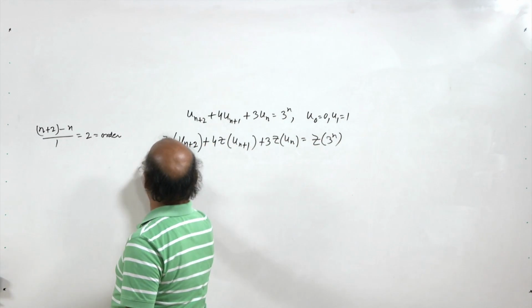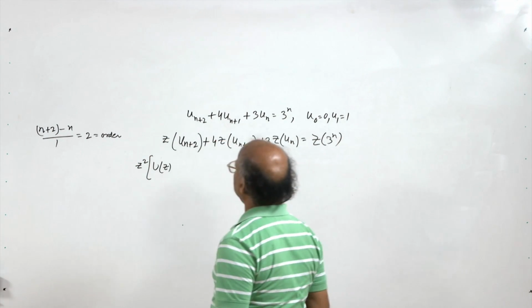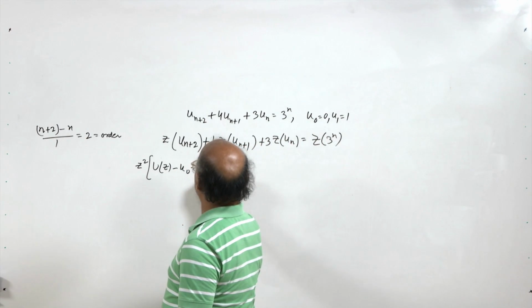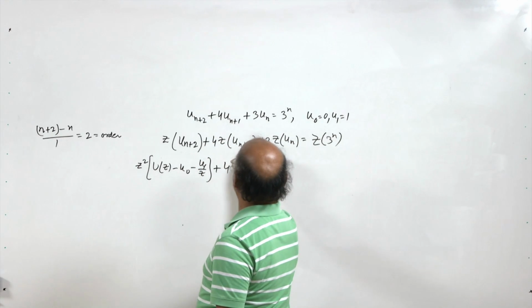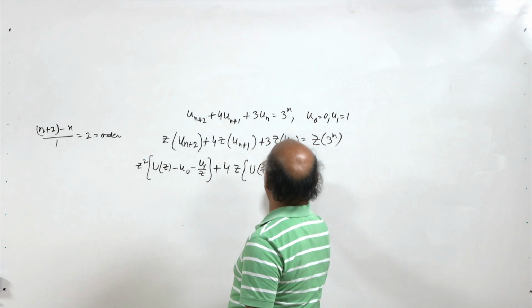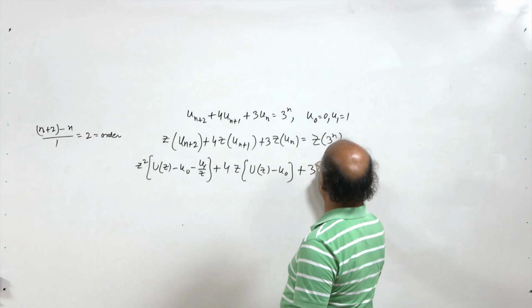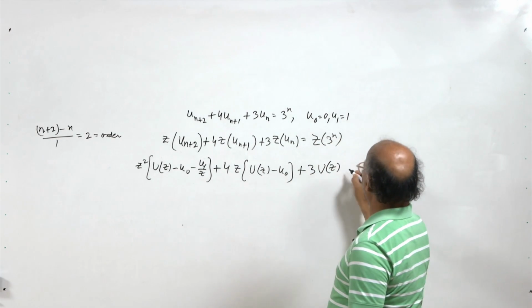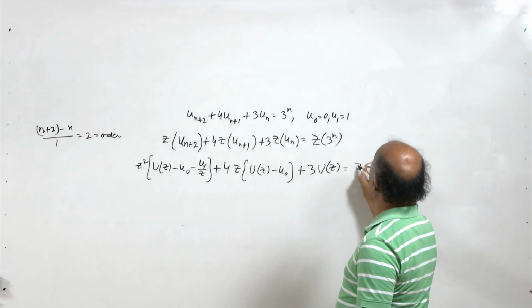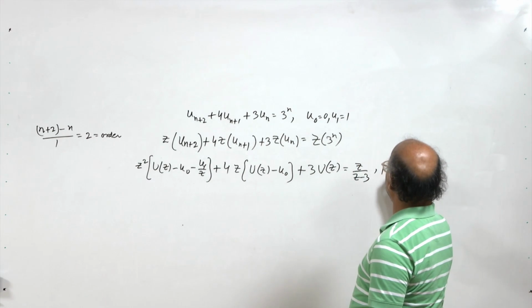So Z of un plus 2 will be z square Uz, where Uz is the Z transform of the un sequence, minus u naught minus u1 by z, plus 4 times Z of un plus 1 will be z times Uz minus u naught, plus 3 times Z transform of un is Uz, equal to Z of 3 to the power n, which is z over z minus 3, provided mod of z is greater than 3.